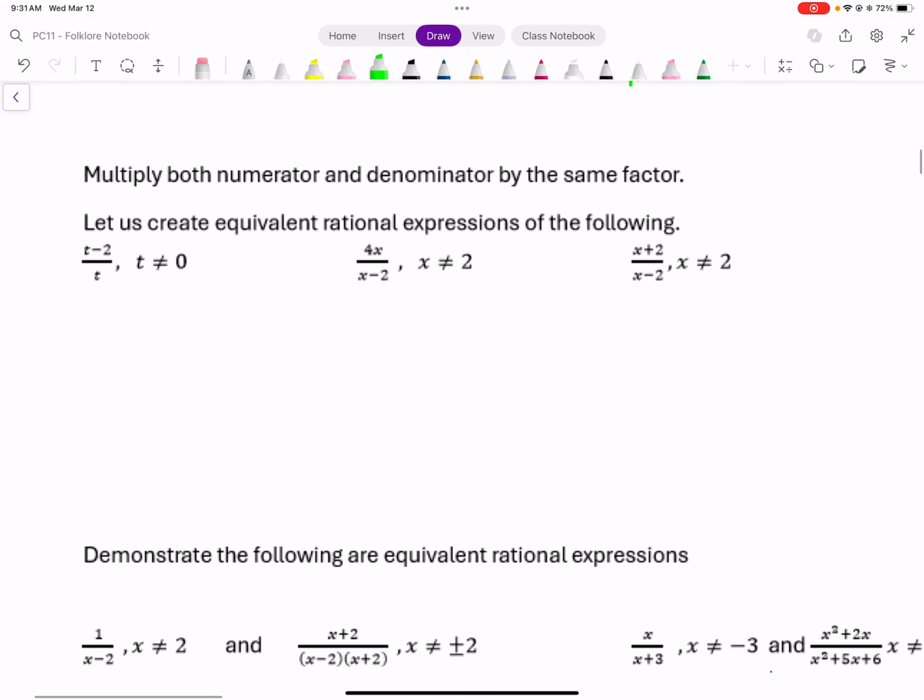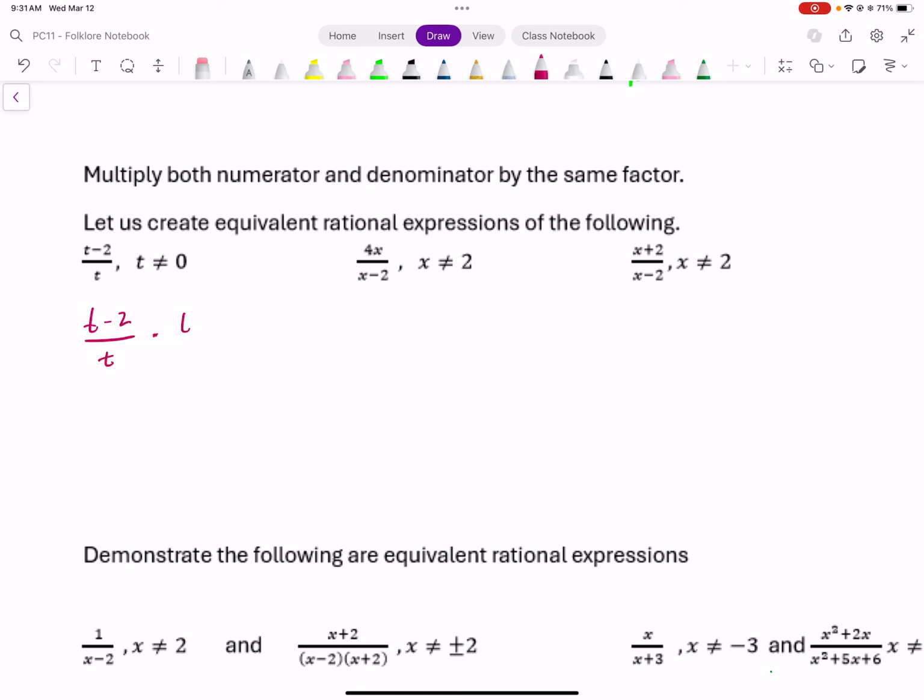Let's move on here. We're going to create rational expressions. How are we going to do that? By multiplying both numerator and denominator by the same factor. I'm going to just choose random factors, if that's okay. So I have (t − 2)/t. That's what I start off with.